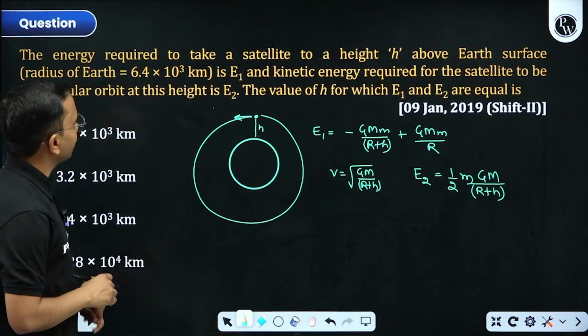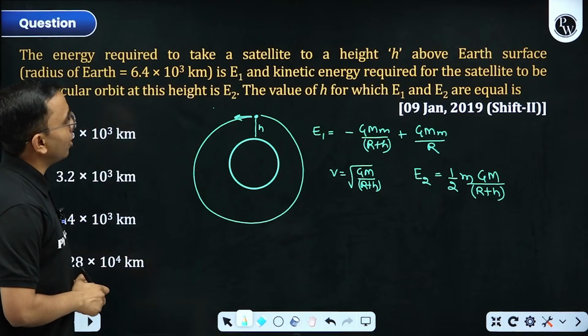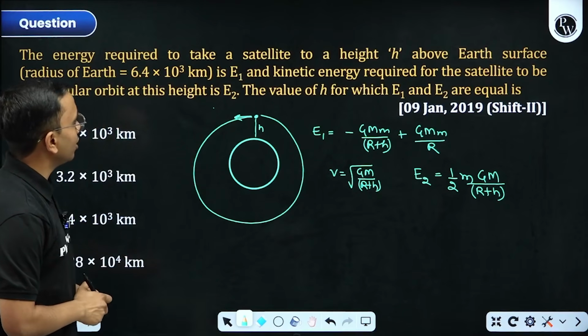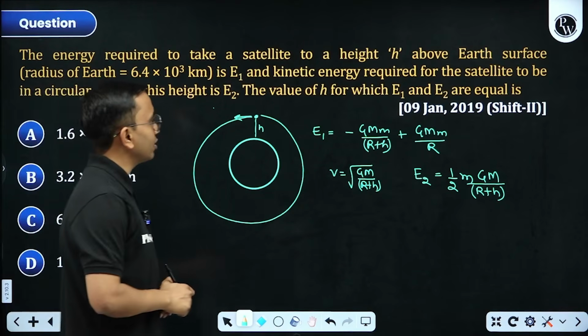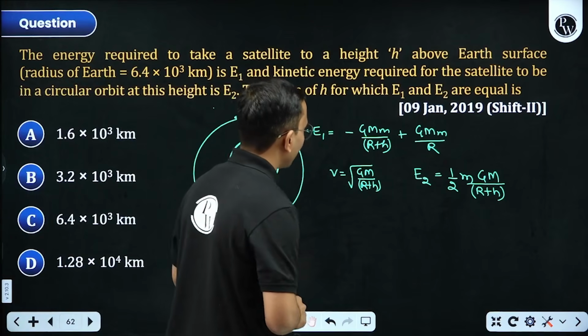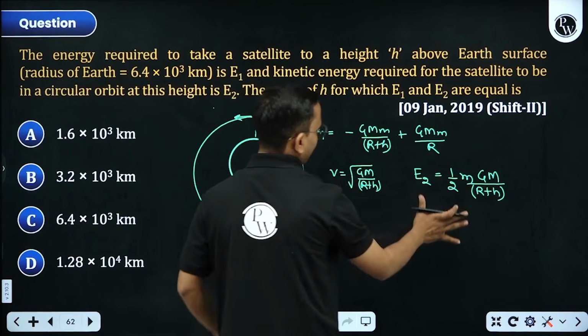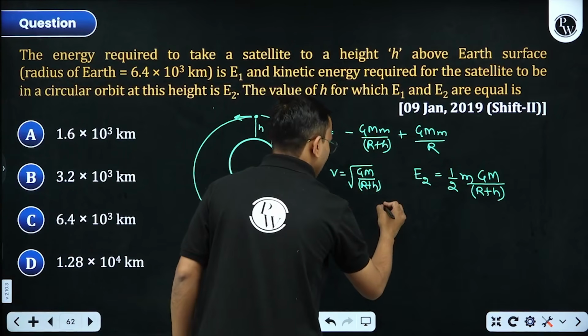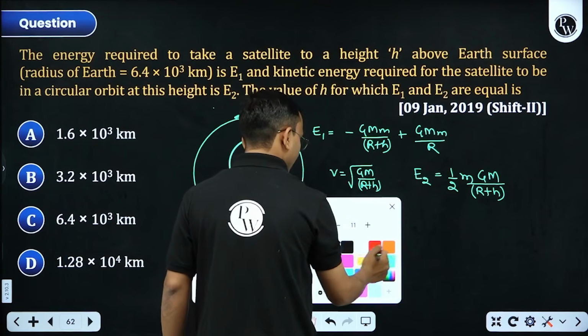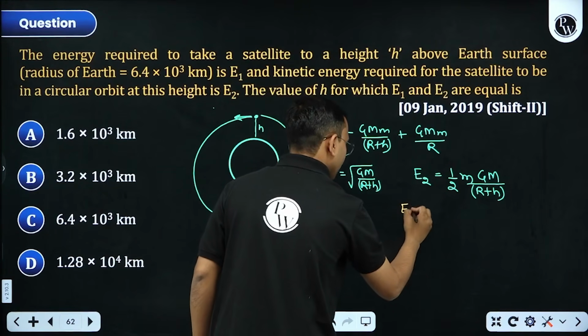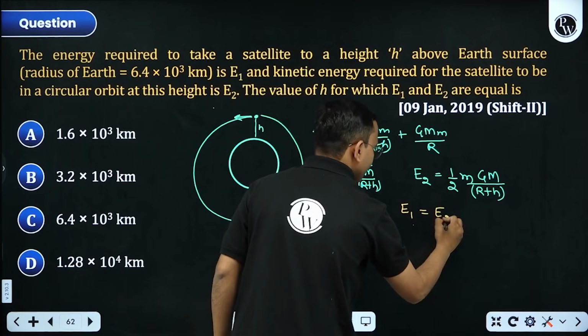Find the value of h for which the values of E1 and E2 are equal. So equate these two things. I am putting E1 equal to E2.